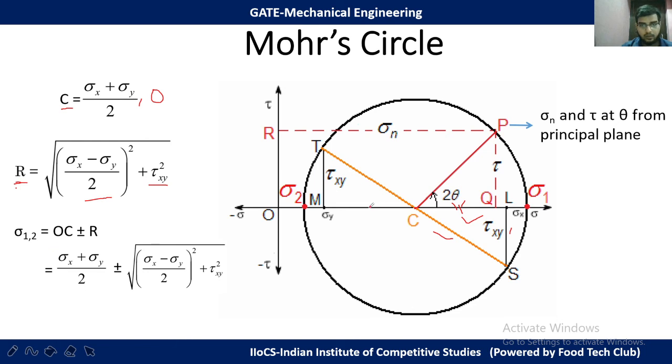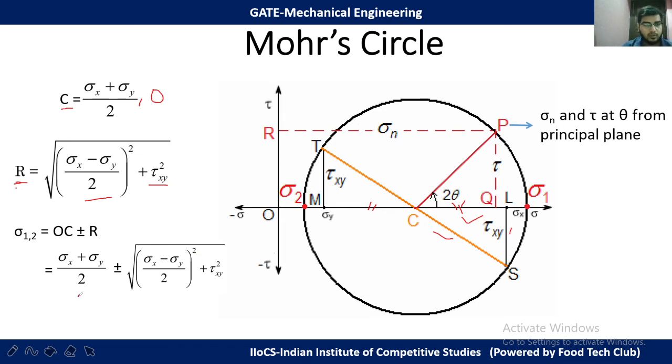And sigma 2 will be OC minus the radius of the circle. So for sigma 1 it will be OC plus R, for sigma 2 it will be OC minus R. We have seen that OC is sigma x plus sigma y by 2, and R is root over (sigma x minus sigma y by 2) whole square plus tau xy square.